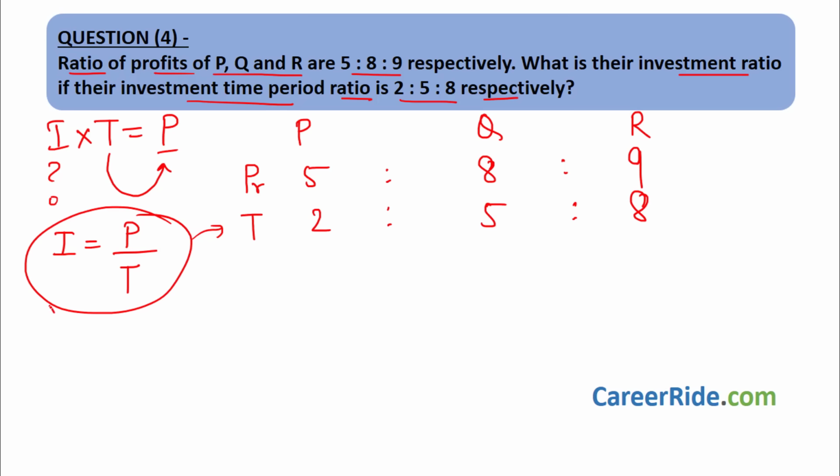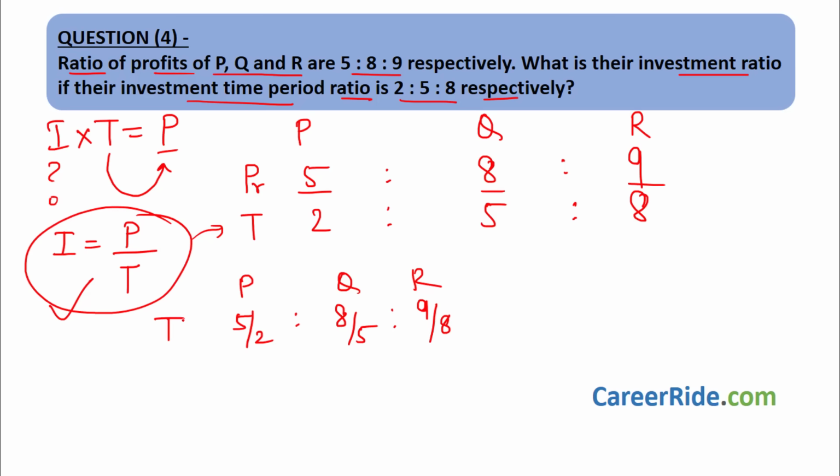Now what do we want over here? We want profit upon time, that is profit divided by time. Then simply divide 5 divided by 2, 8 divided by 5 and 9 divided by 8. So it is 5 by 2 is to 8 by 5 is to 9 by 8.